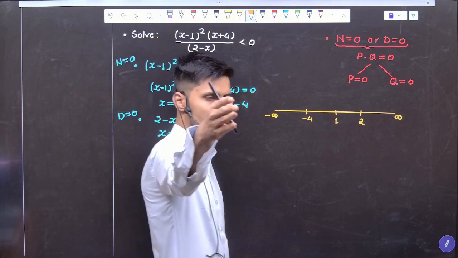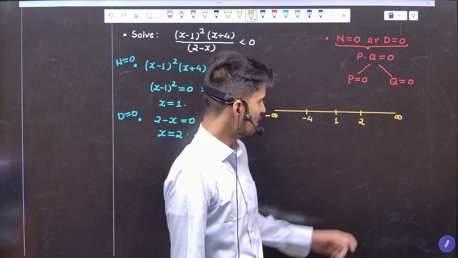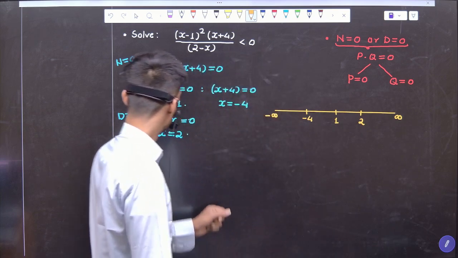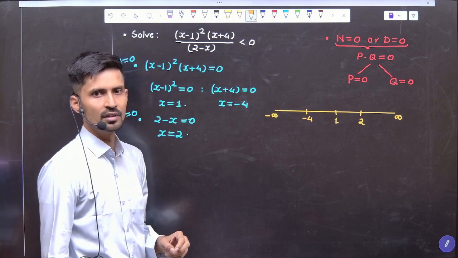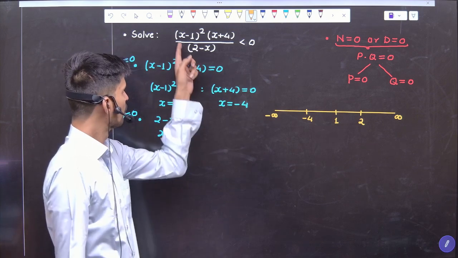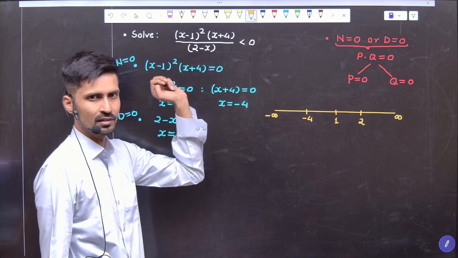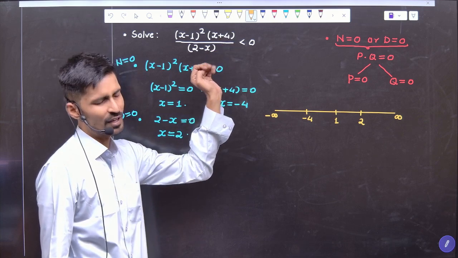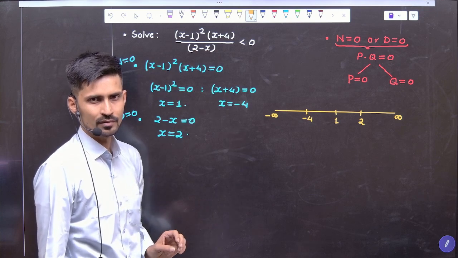Yes, Nitin, stand up. Tell me one number between 2 to infinity. 5. Put 5 here. Tell me, are you getting positive or negative? 5 minus 1, 4 square, 16. 5 plus 4 is 9. 16 into 9, positive or negative?